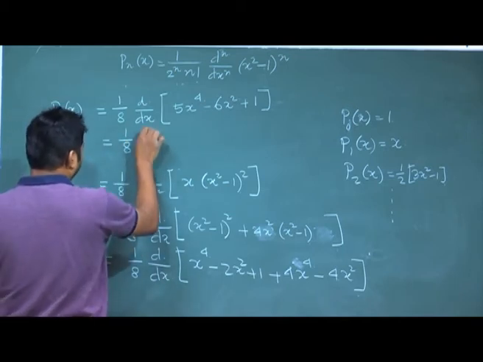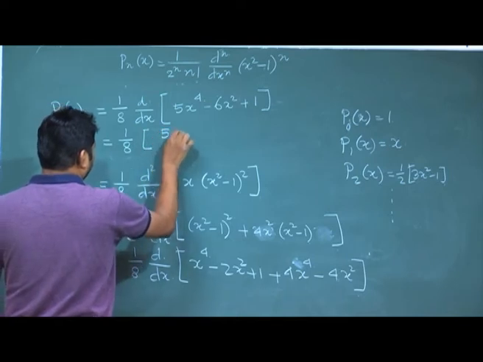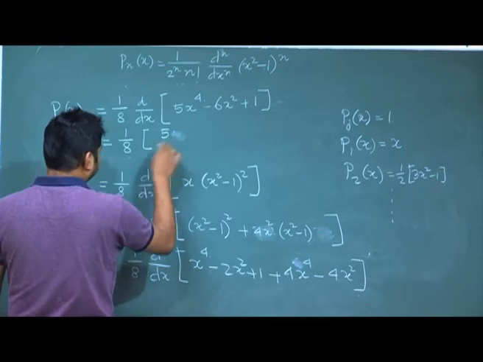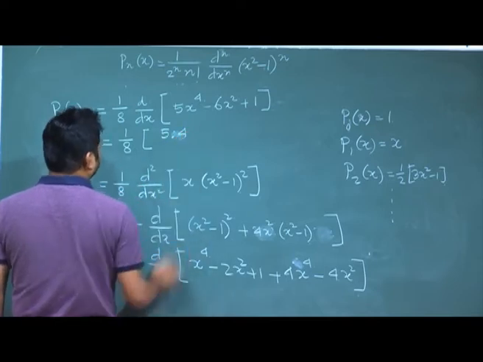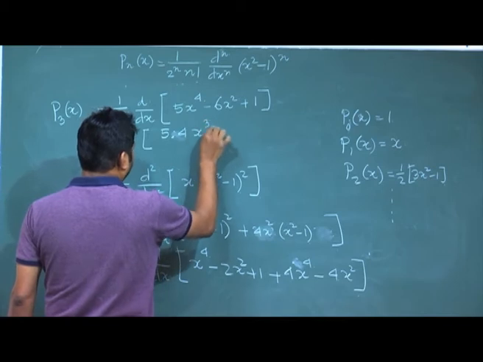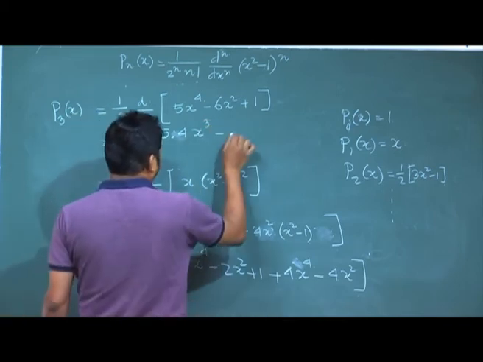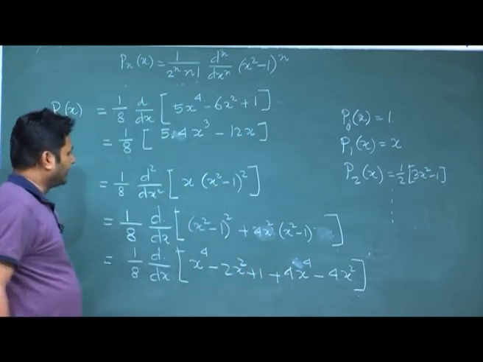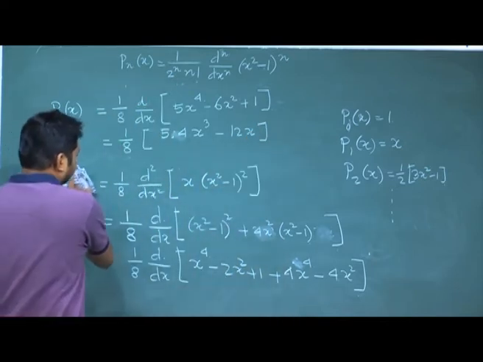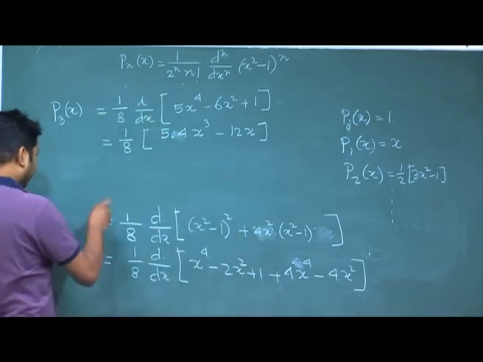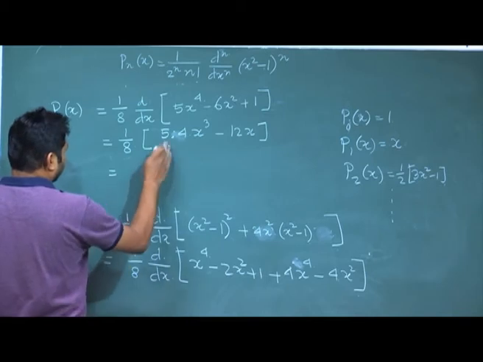Now if I take the derivative, it will be 5 times 4 x cube minus 12x. It will be something like this. So this is 20.